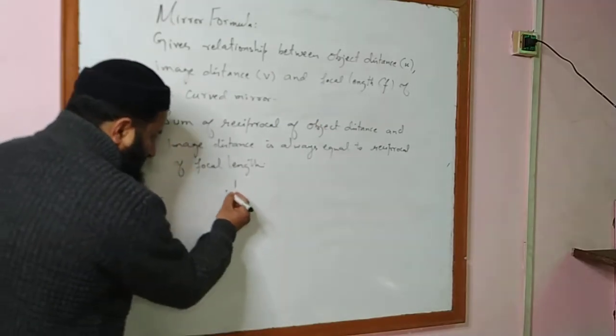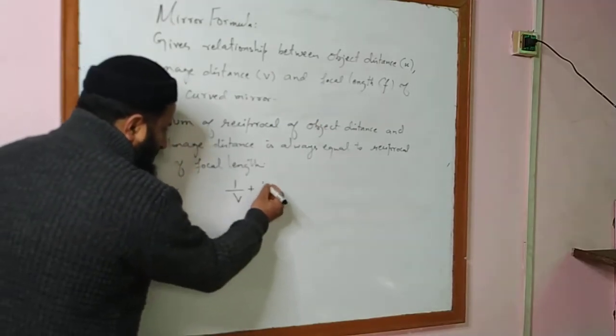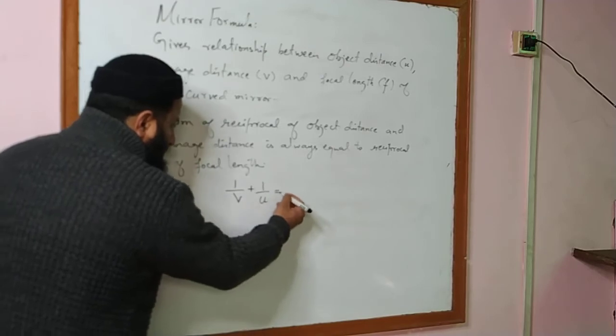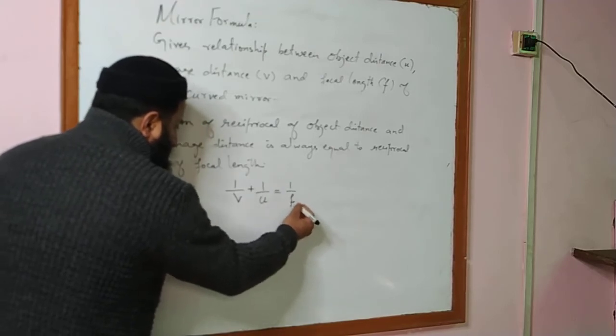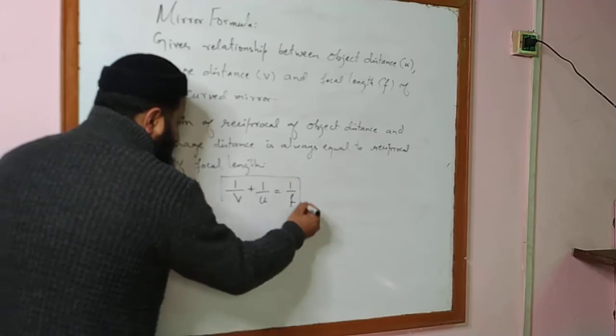That means 1 upon v plus 1 upon u is always equal to 1 upon f. This we call the mirror formula.